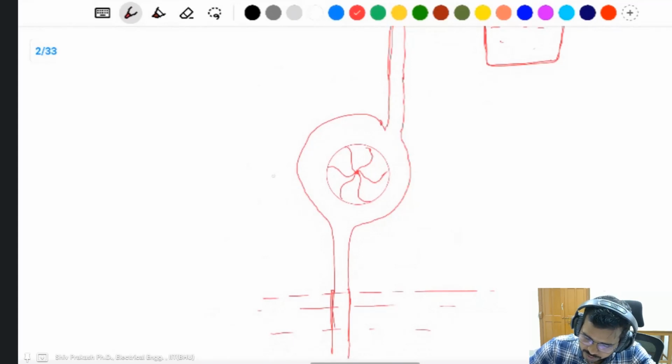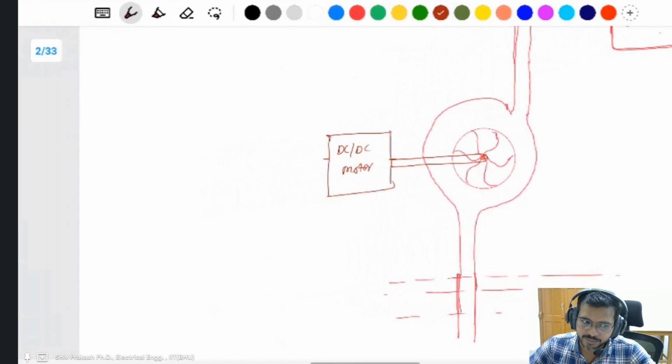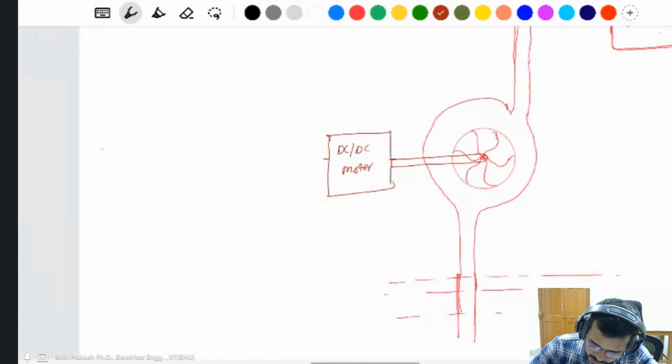The shaft of this one is connected to the motor, the DC motor. The motor is driven from the PV panel, the solar system.